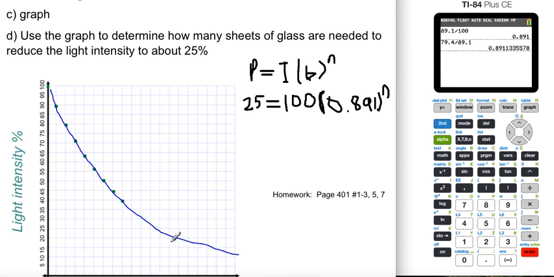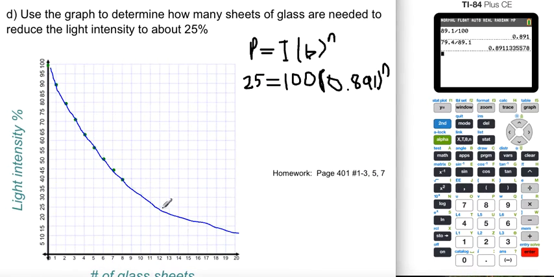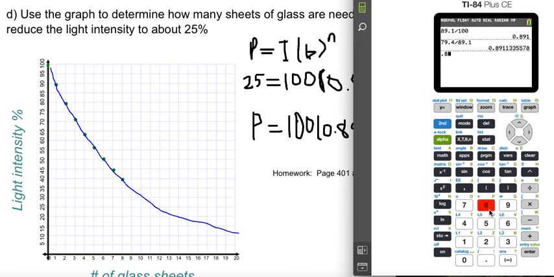And now to check where we said we thought it was 12. We said it was 12 when it's at about 25%. We can check to see. Okay, so if I sub 12 in for n, 0.891, and then I sub 12 in for n, if I calculate that, 0.891 to the power of 12 gives me about 0.25 times 100, we get 25.